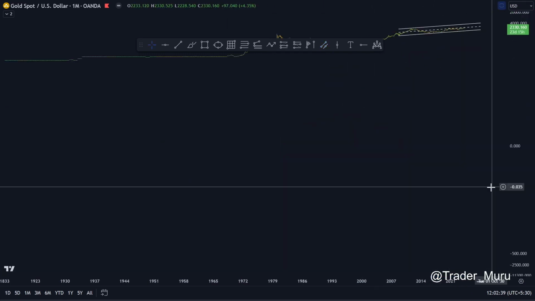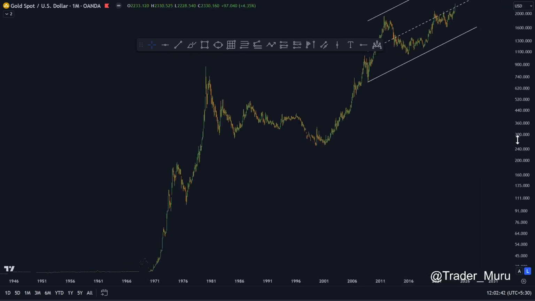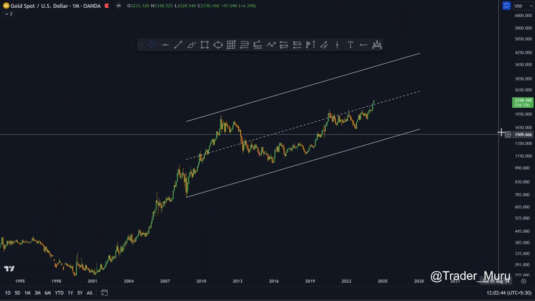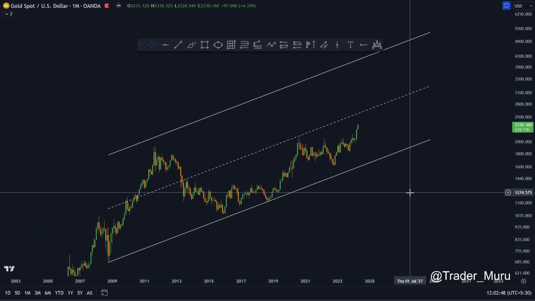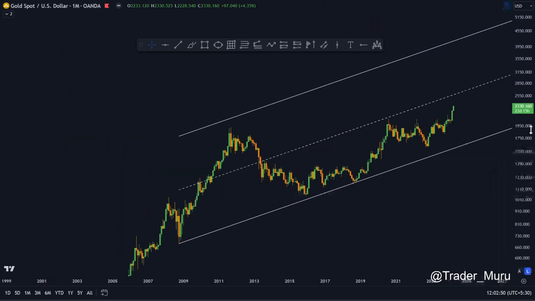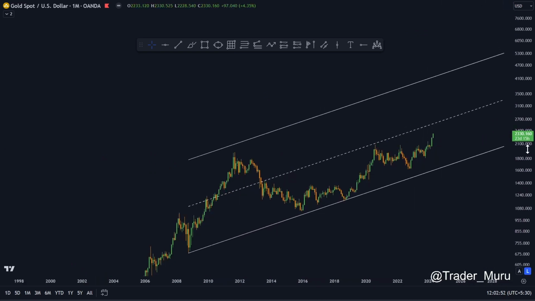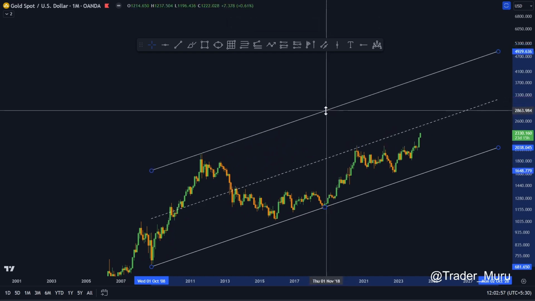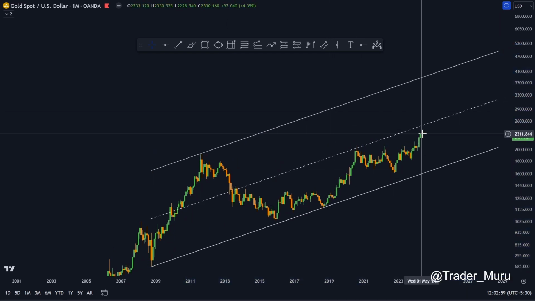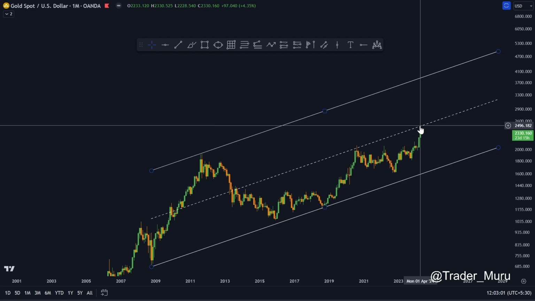Okay, that was on log. Logarithmic. So guys, this is the bigger parallel channel gold is running in right now in the monthly time frame. So you can expect a tap here, which is around 2500, near about.